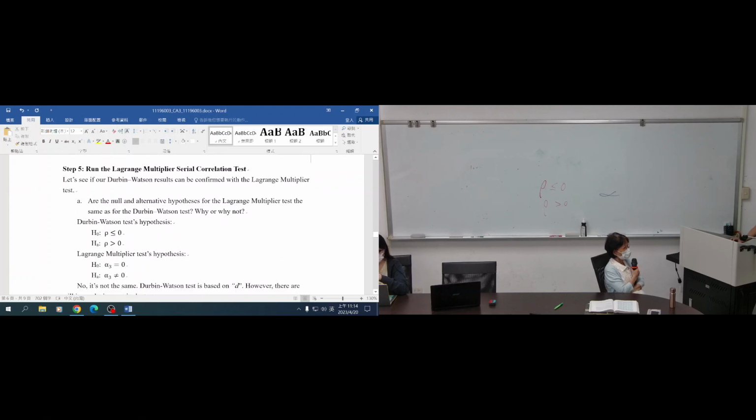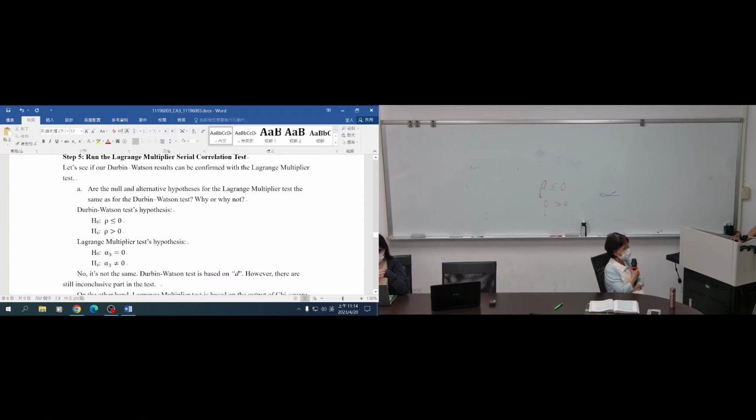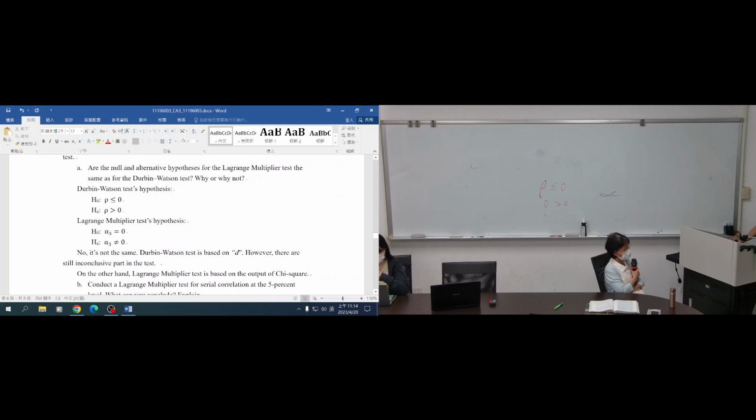So step 5. Run an LM serial correlation test, and the first thing is to compare the null hypothesis between the LM test and Durbin-Watson. What do you mean by alpha 3?